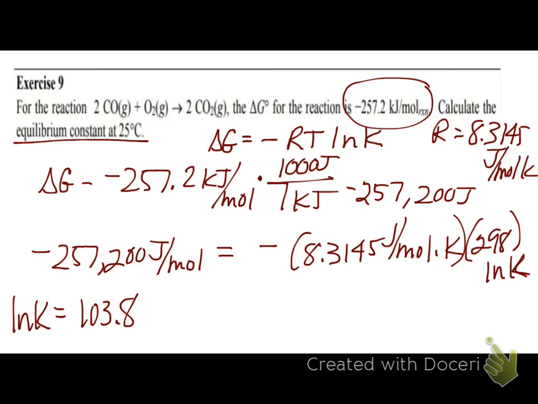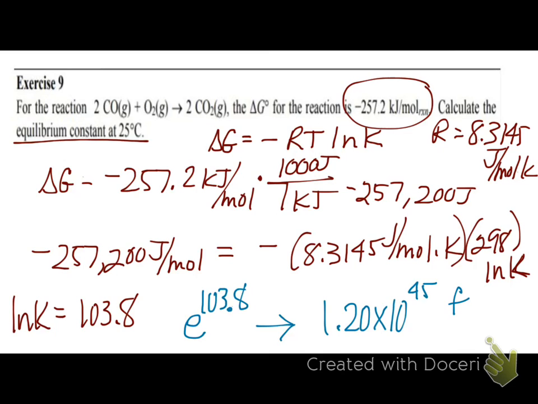And then in order to get it out of the natural log, we're going to say e to the 103.8. Luckily, this one does not give us an overflow. And we get an answer of 1.20 times 10 to the 45th, which favors products for sure. That's big. Not as big as the other one, but it is much larger than 1, so it favors products.